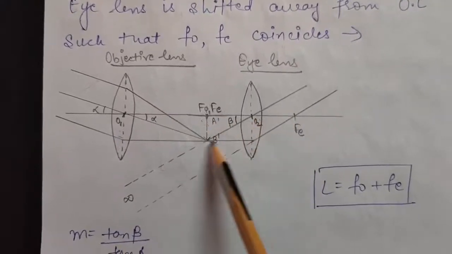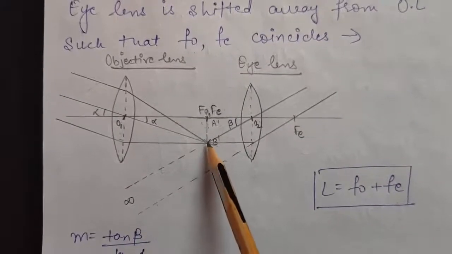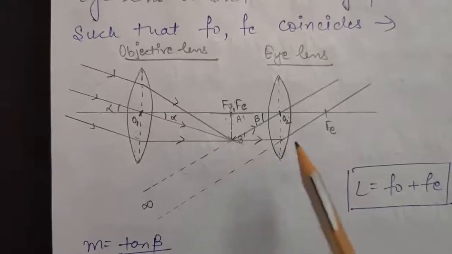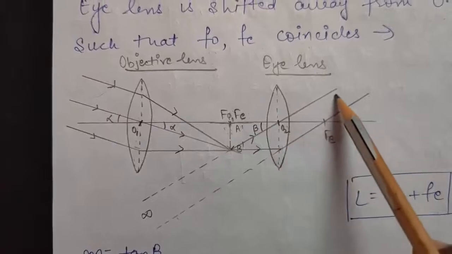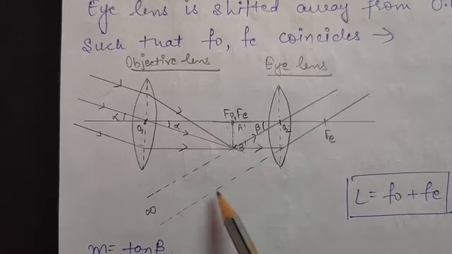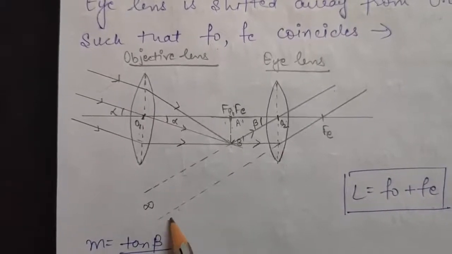Therefore the final image will be formed at infinity by again taking two rays, one going parallel to the principal axis, which will pass through the focus of the eye lens, and one going through the optical center of the eye lens. When you extend them in the backward direction, you will see the image is formed at infinity.